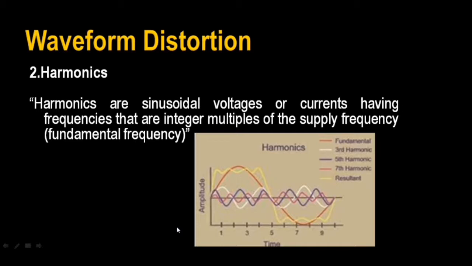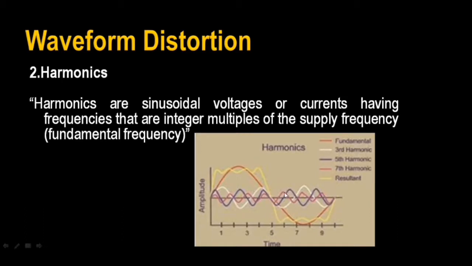Regarding harmonics, harmonics are sinusoidal voltages or currents having frequencies that are integral multiples of the supply frequency. Observe this waveform clearly. We are considering the time on the x-axis and the amplitude on the y-axis.